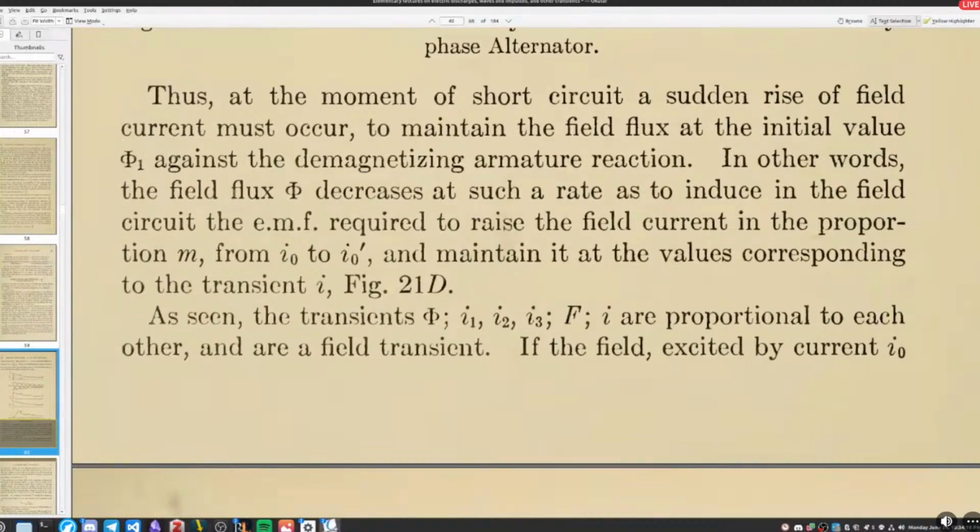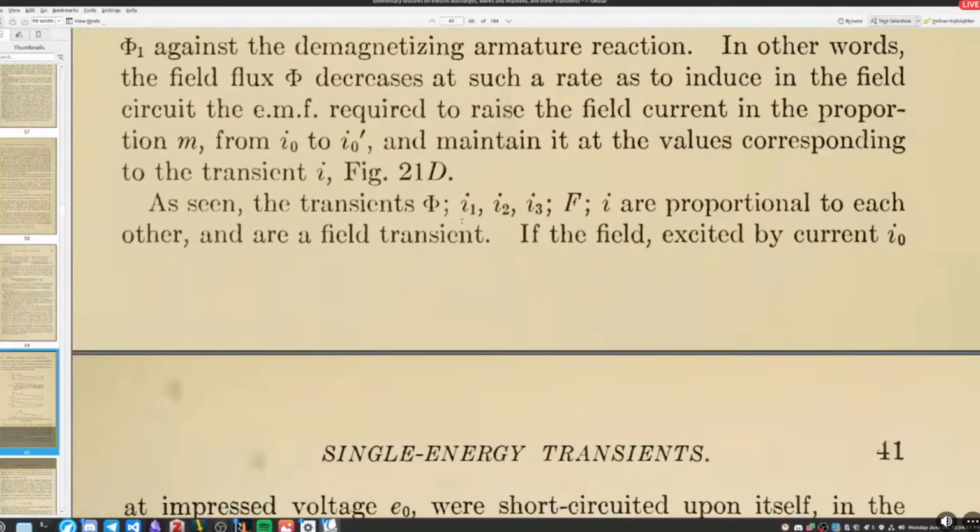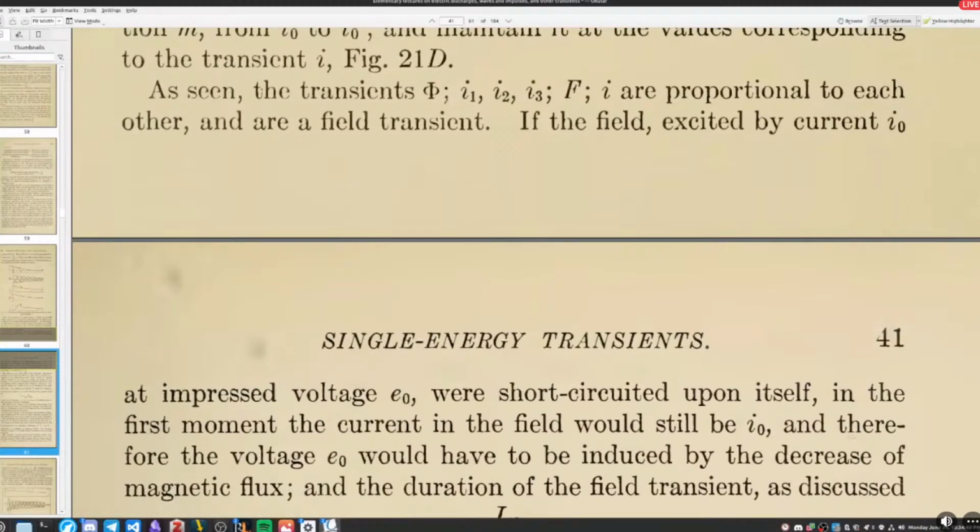In other words, the field flux phi decreases at such a rate as to induce in the field circuit the EMF required to raise the field current in proportion to m from I0 to I0 prime, and to maintain its values corresponding to the transient I in figure 21d. As seen, the transients phi, I1 through I3, F and I are proportional to each other and are a field transient.